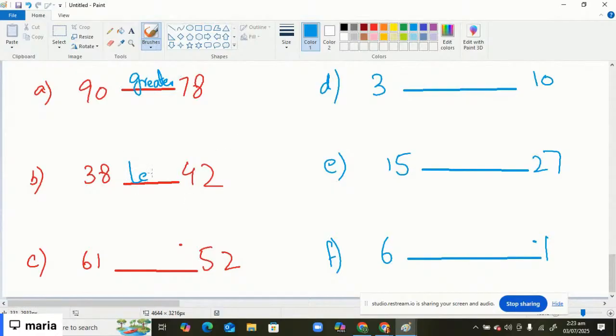Very good. And now for the third, this is 61 and 52. Is it greater, less, or equal? 61 is greater. Very well done.